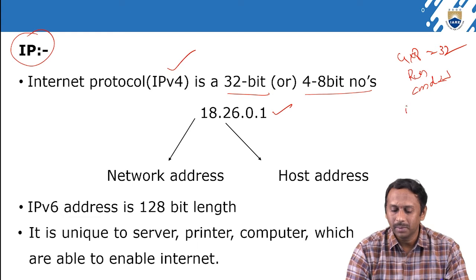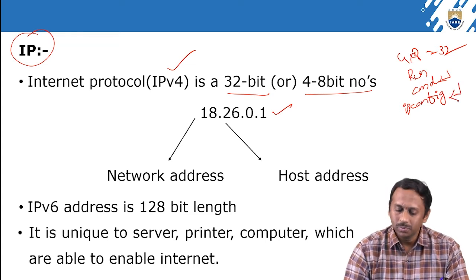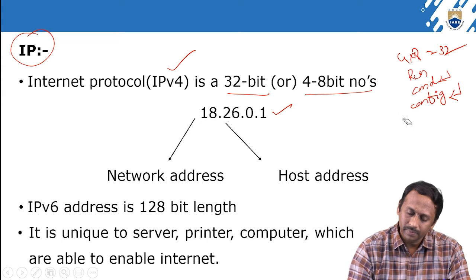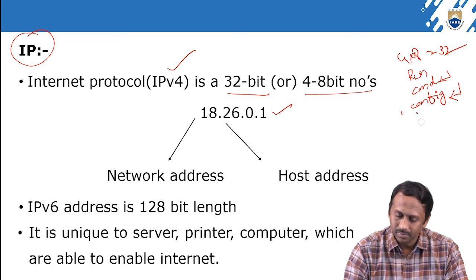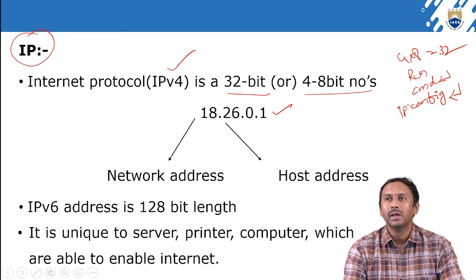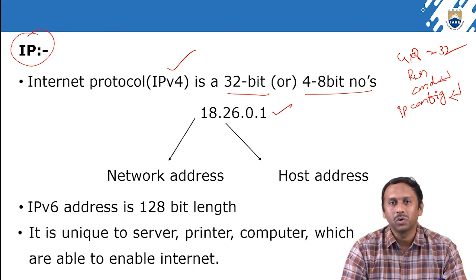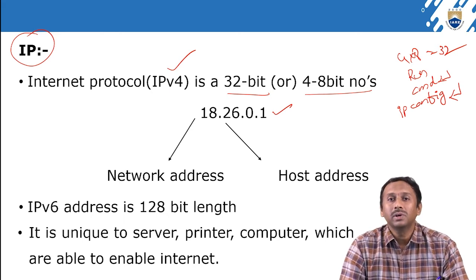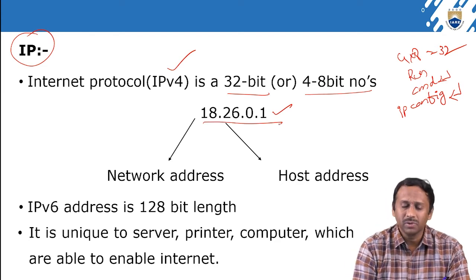There you type ipconfig and press enter. When you type ipconfig in the command prompt, you will get your system's IP address.